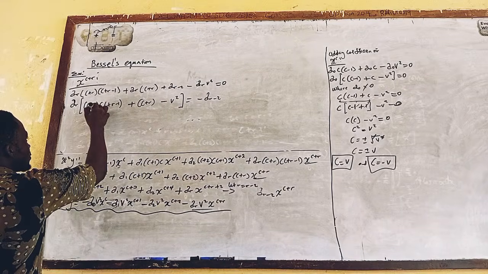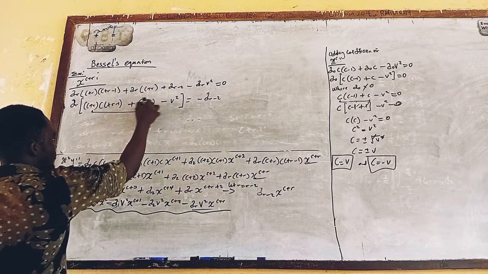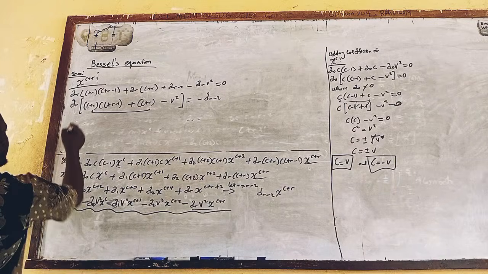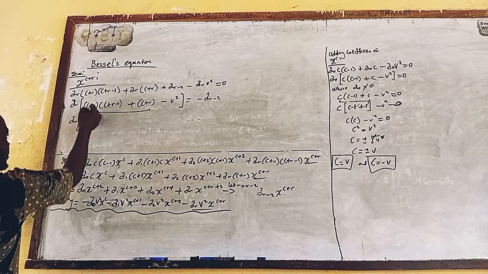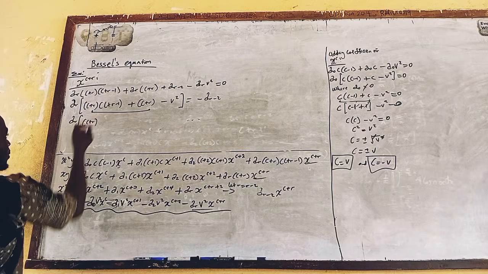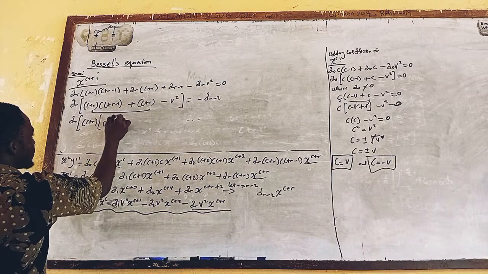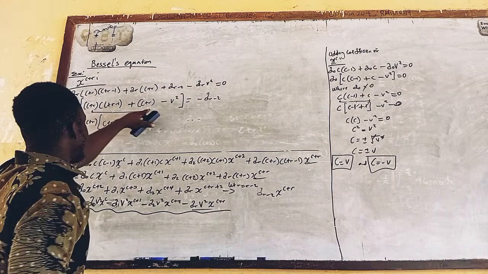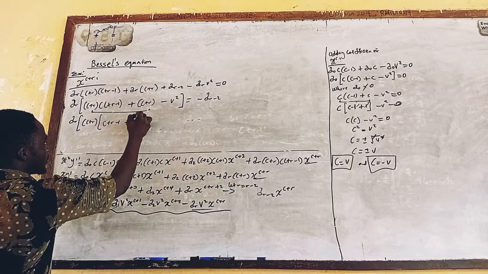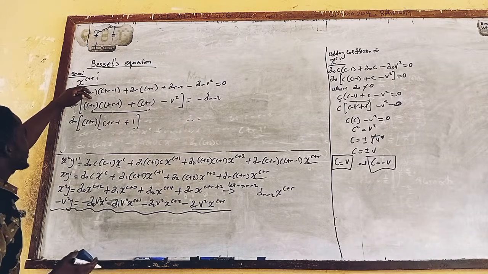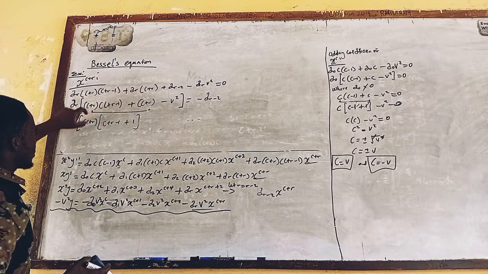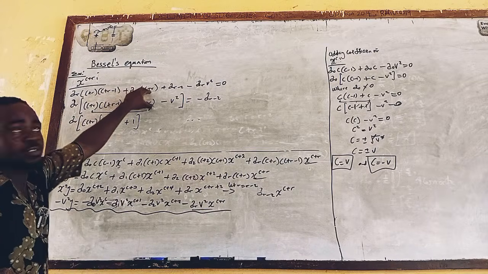Now we can also see that from here to here, we still have something in common. c plus r is still common. So if we factorize c plus r, it's going to remain c plus r minus 1 here, then the remaining one will be plus 1. Remember that c plus r is common. When you take out c plus r, it's going to remain this and it's going to remain 1 here.